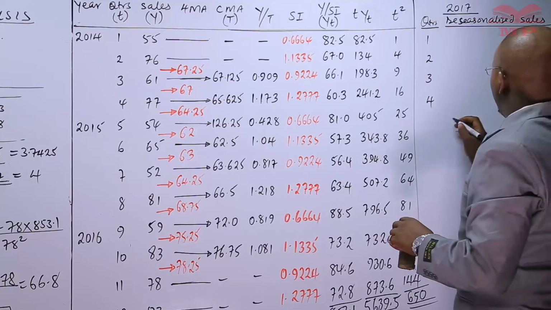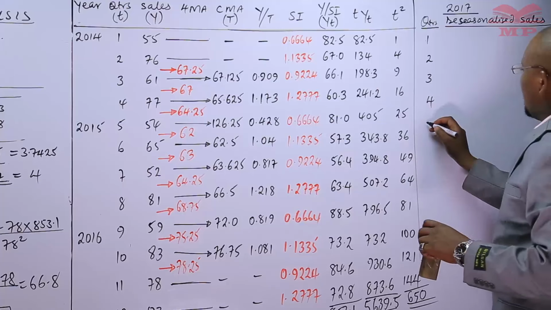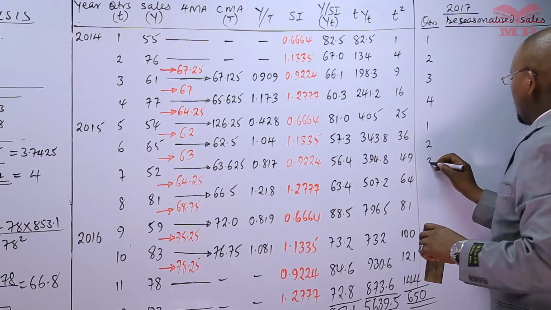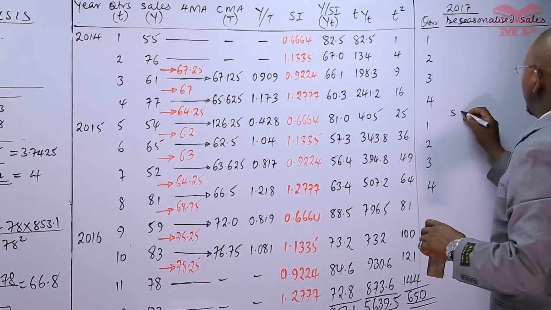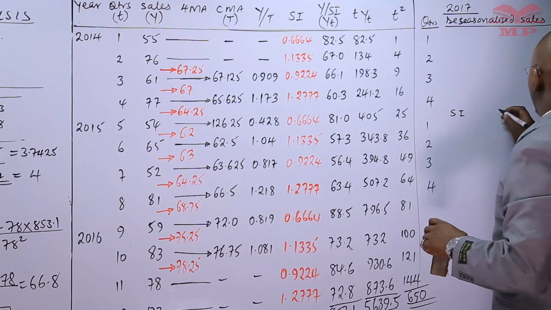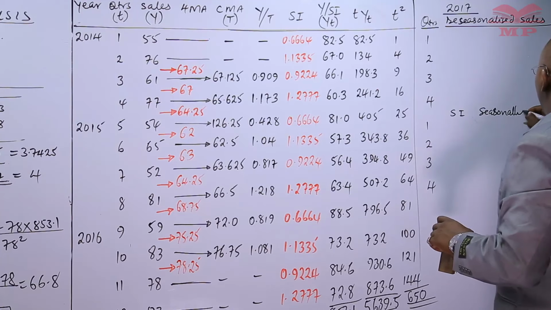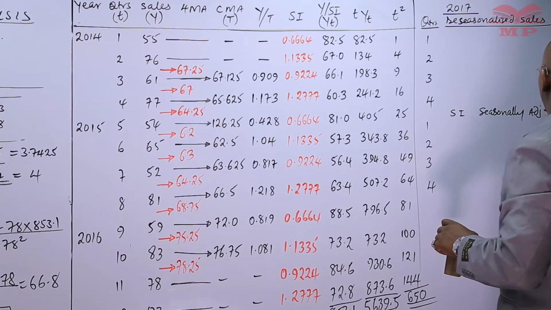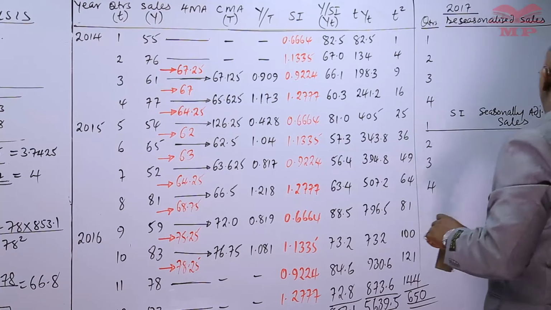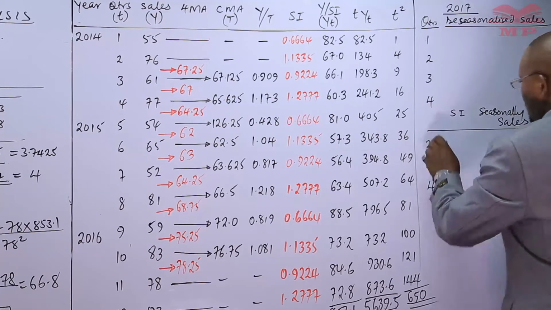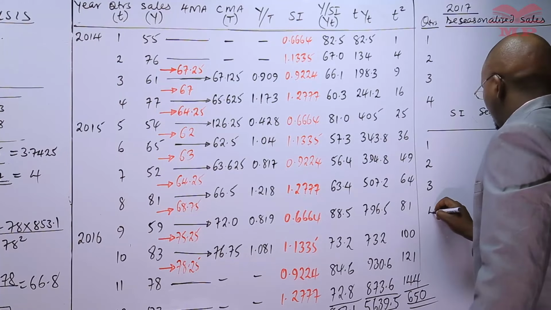Then you're going to have here the seasonally adjusted sales, with our seasonal variation SI for quarters 1, 2, 3, 4.